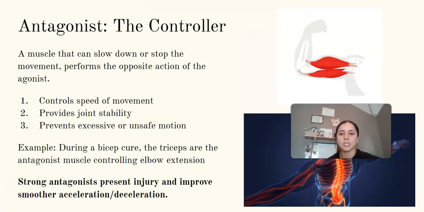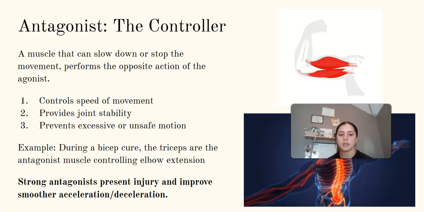And then we move into the antagonist, which is the controller. The antagonist again performs the opposite action of the agonist. Its job is to slow down or stop movement, providing joint control and stability. For example, during our bicep curl, the triceps would serve as the antagonist.